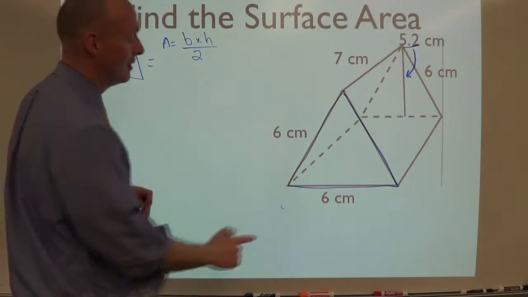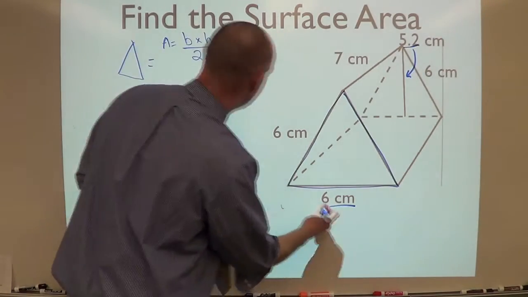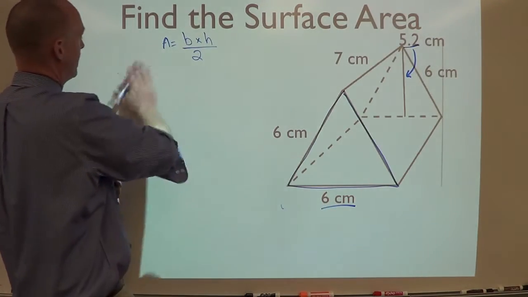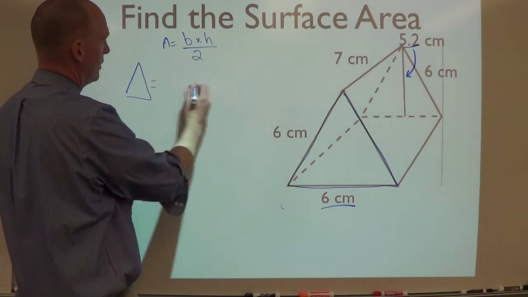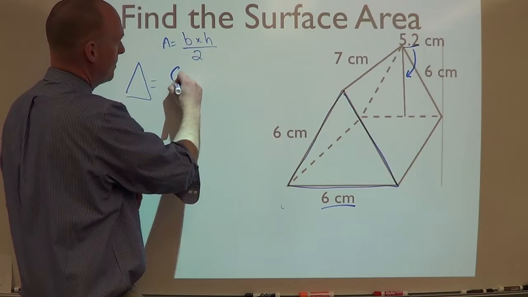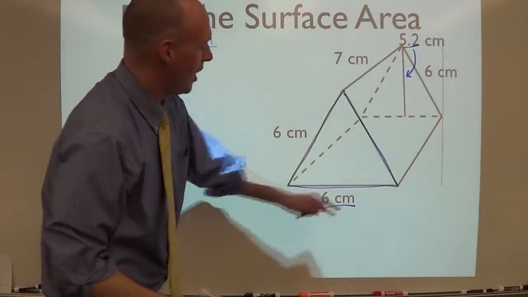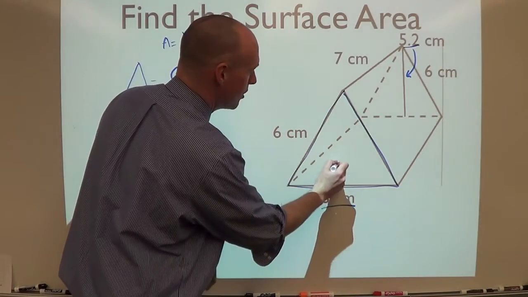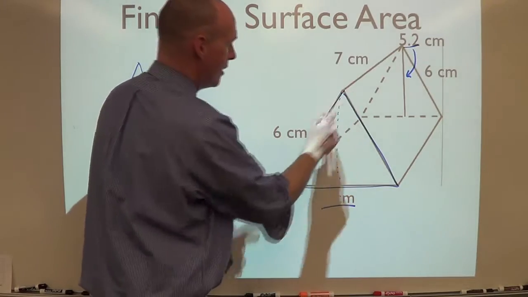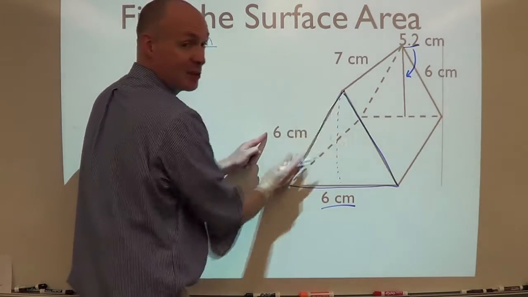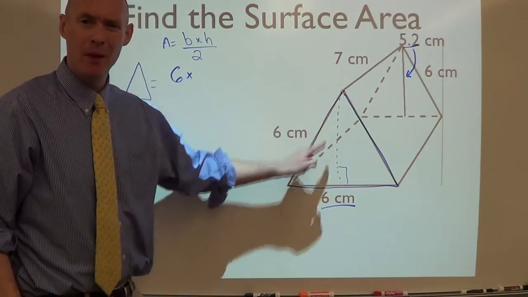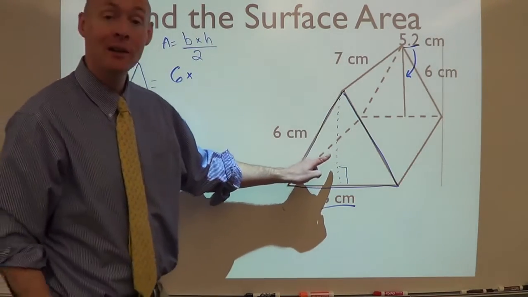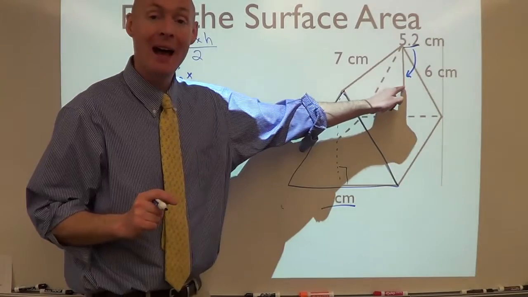So here's my triangle. I see 6, and I'll just write it down here so you can see a little bit better. 6 is the base. Now what's the height? Remember, for the height I need to go straight up and straight down. So not that 6, because that 6 is part of the slanted line. So, I don't see a number there. But look at the triangle at the back.